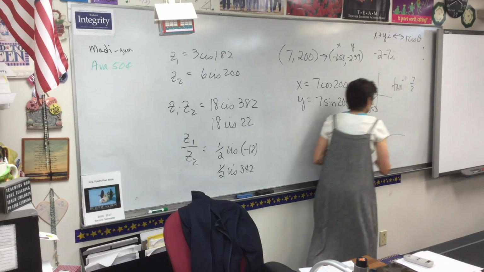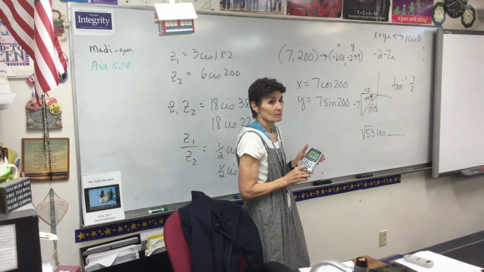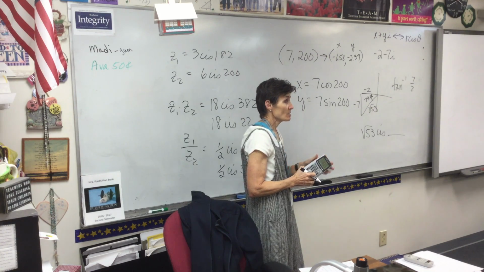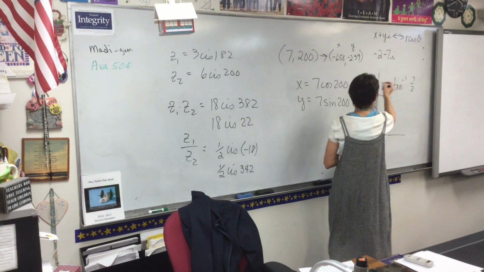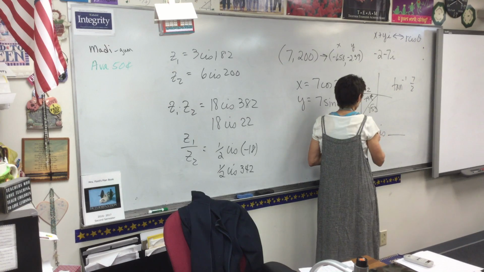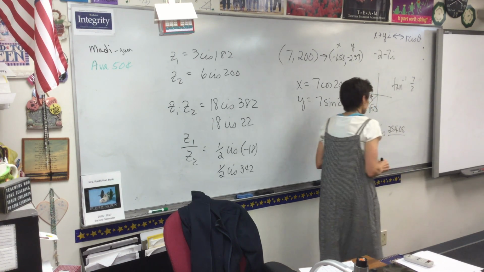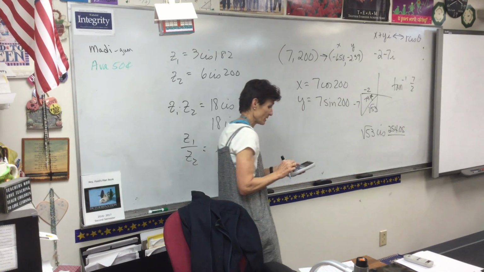So what's my theta gonna be? 180 plus, right? It's past 180. The angle is past 180. So it's gotta be 180 plus, which is 254.05. So there is your answer.